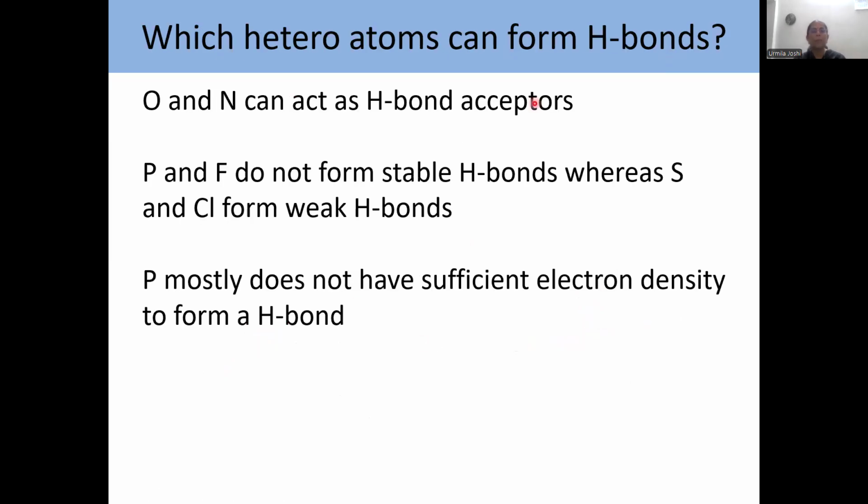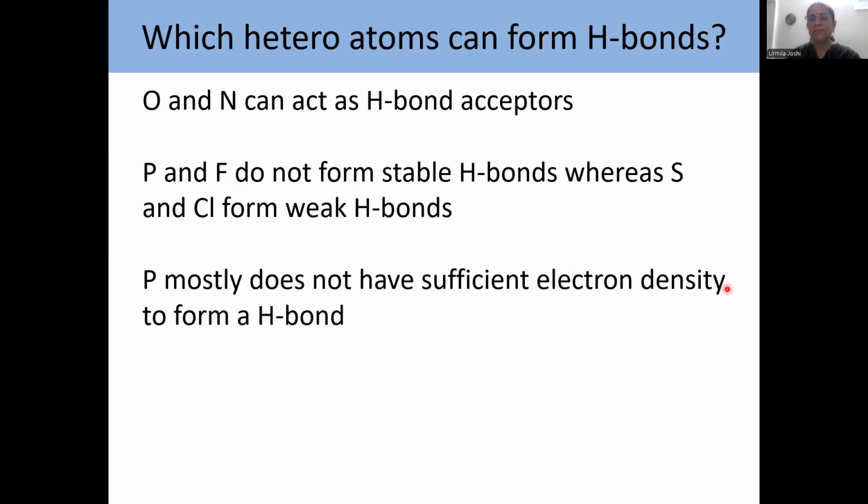Now, coming to which heteroatoms can form hydrogen bonds. Most commonly, oxygen and nitrogen can act as hydrogen bond acceptors, and protons attached to oxygen and nitrogen can act as hydrogen bond donors. What about phosphorus and fluorine? Phosphorus is mostly positively charged.